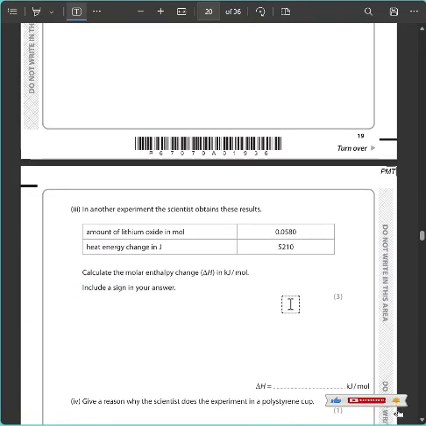In another experiment, the scientist obtains these results: amount of lithium oxide in mole 0.0580, heat energy change in joules 5,210. Calculate the molar enthalpy change in kilojoule per mole. Include the sign in your answer.